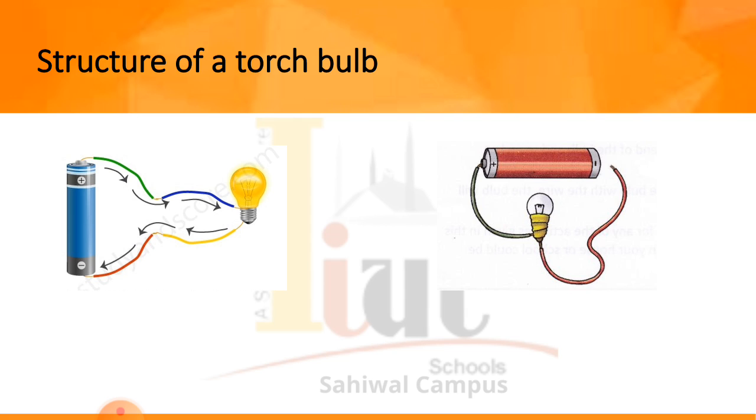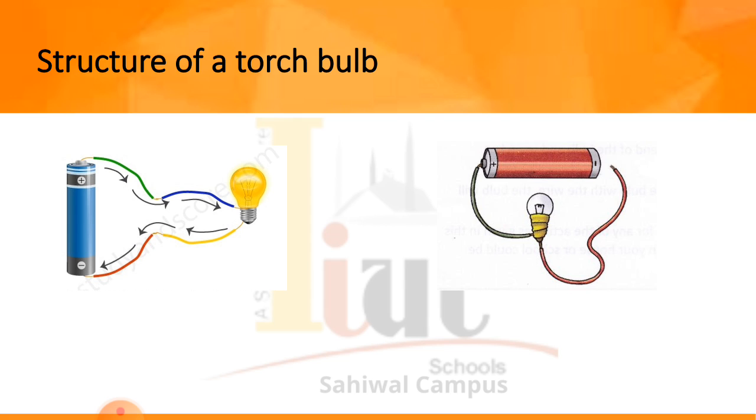And if any one of the wires is disconnected, this type of circuit is known as an open circuit. So we can define it as a complete circuit with the switch off is called an open circuit.